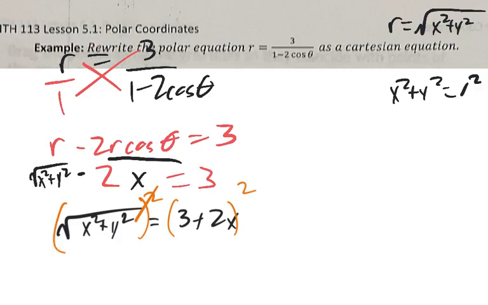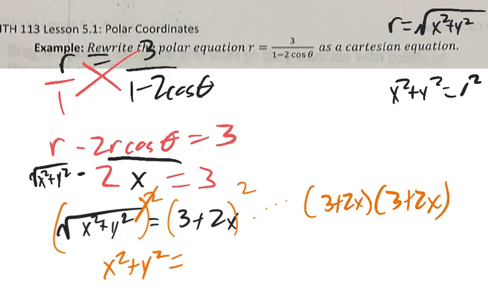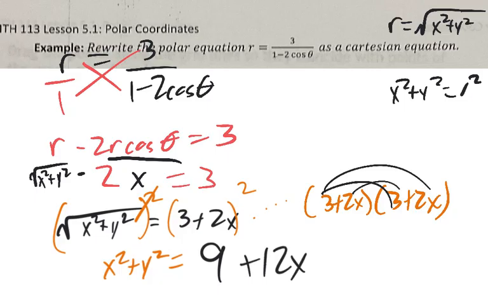The squared square root is gone, leaving x squared plus y squared. If I square 3 plus 2x, that's 3 plus 2x times 3 plus 2x. So this becomes 9 plus 6x plus 6x, which is plus 12x plus 4x squared.